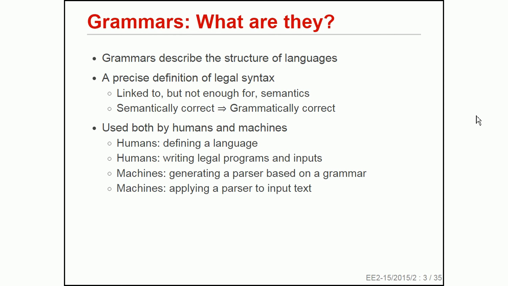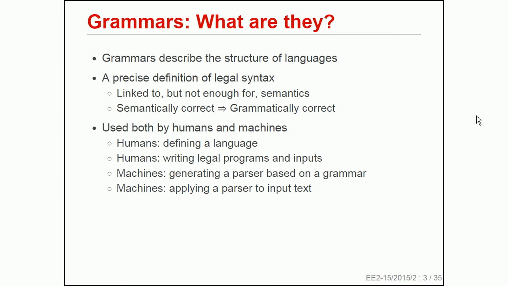Grammars, as we see them, are used both by humans and machines. For humans, they're often used in defining a language. That can be defining a software language or trying to capture an existing language, so trying to impose structure on things which don't currently have a well-defined structure. Grammars are also used a lot by machines, and one of the things we want to be able to do is communicate grammars between humans and machines.